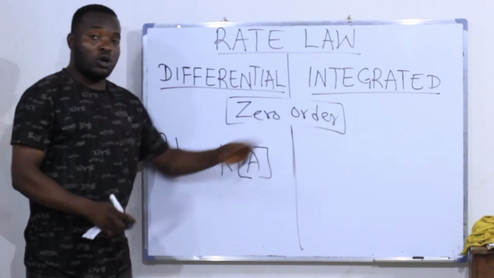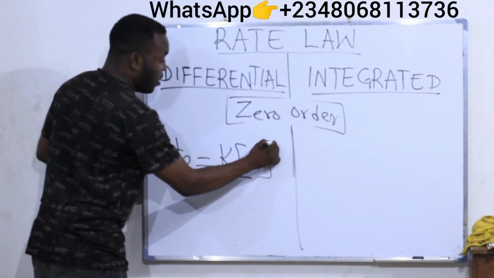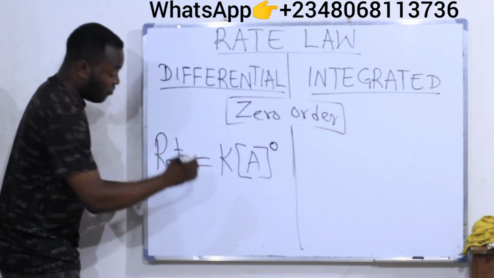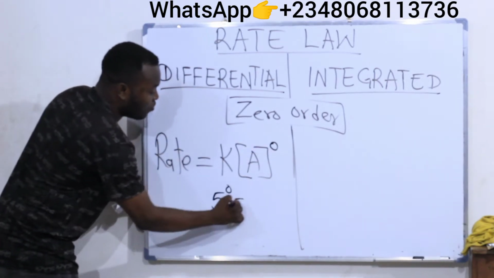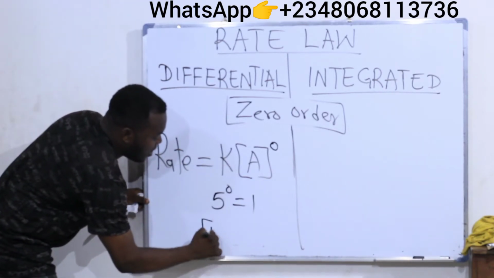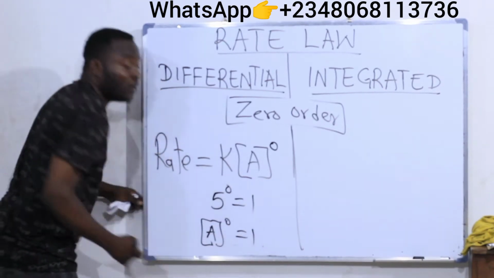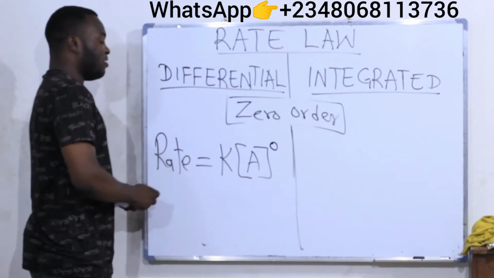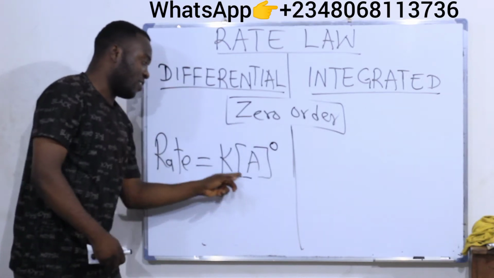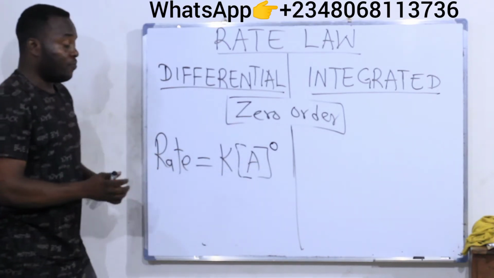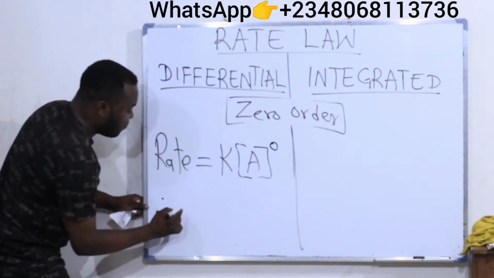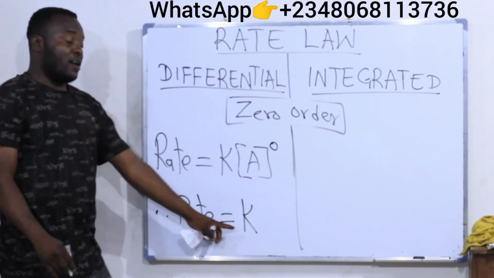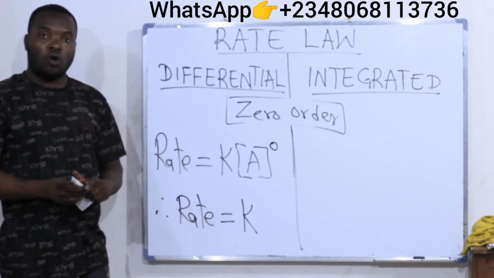Since we are talking about zero order, the concentration will bear the power of 0. And you know that anything raised to power 0 is equal to 1, just like saying 5 raised to power 0 is equal to 1. So, A raised to power 0 is equal to 1. Therefore, the whole of this stands for 1, and 1 times K is K. So for zero order, we have that rate of reaction is equal to K. And remember, K stands for rate constant.